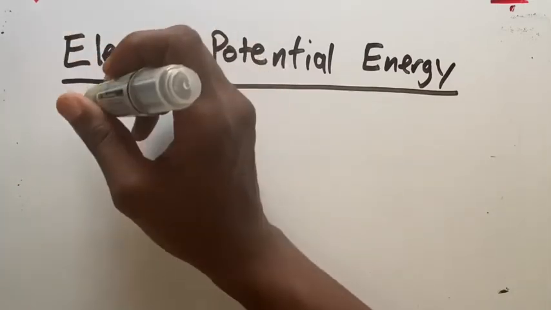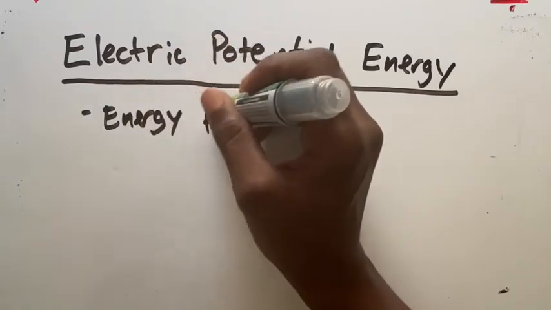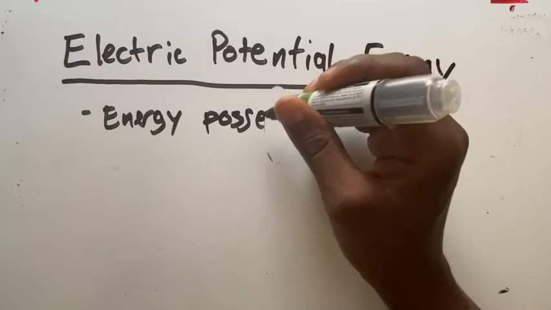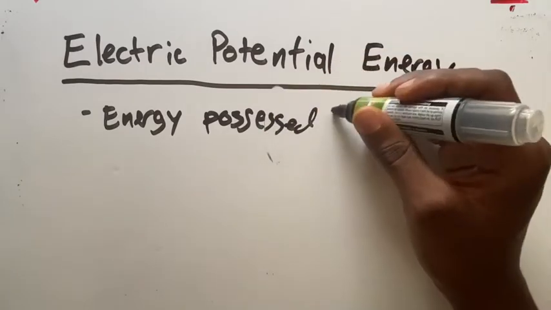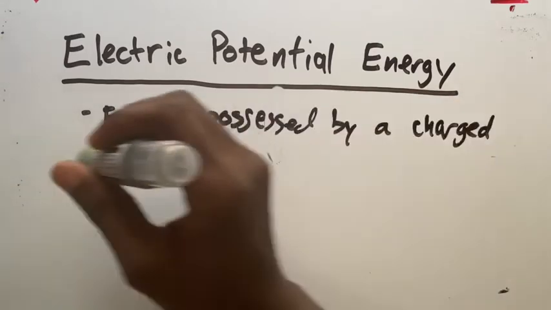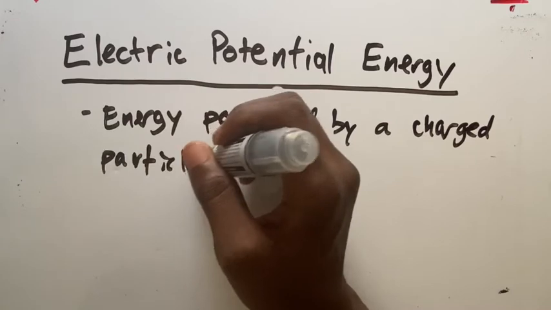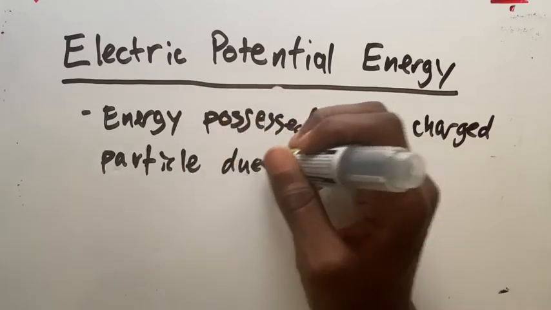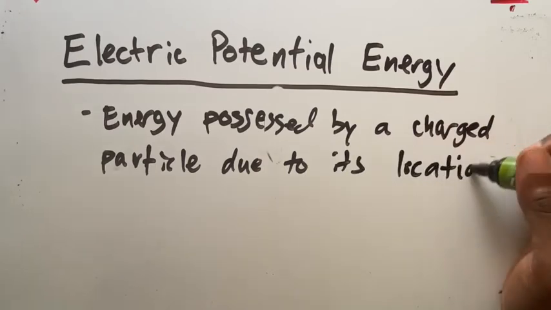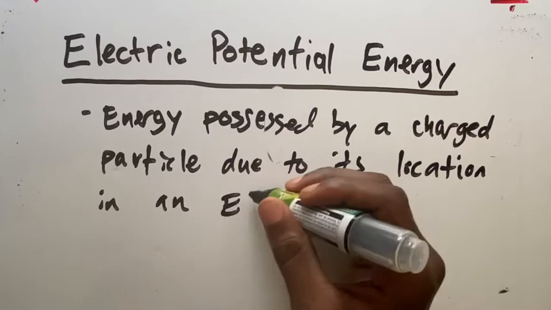Electric potential energy is basically the energy possessed by a charged particle due to its location in an electric field.